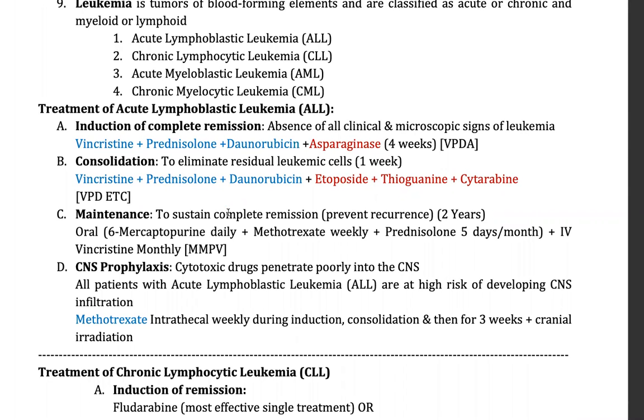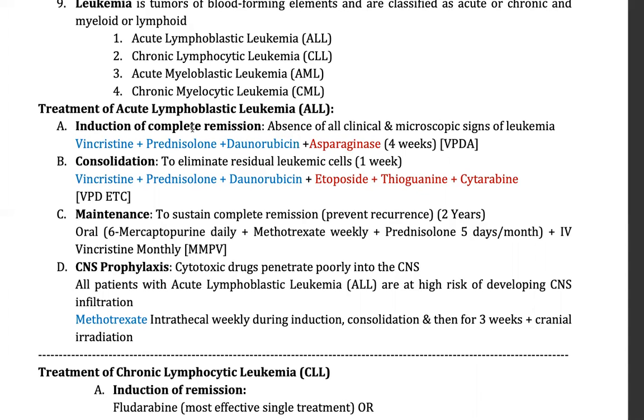For every leukemia, we have to focus on a maximum of four principles of treatment: A, B, C, D. The first one is induction of complete remission. This is the first step in the treatment of leukemia. The second one is consolidation, third is maintenance, and the fourth is CNS prophylaxis. We will see them one by one.